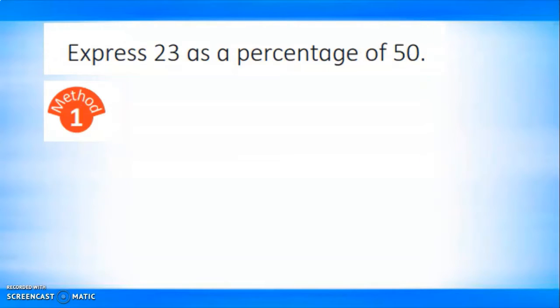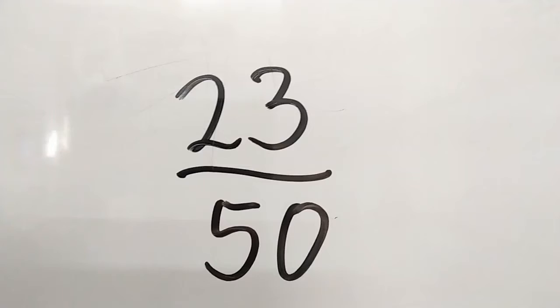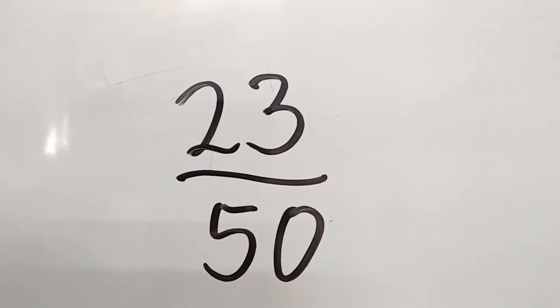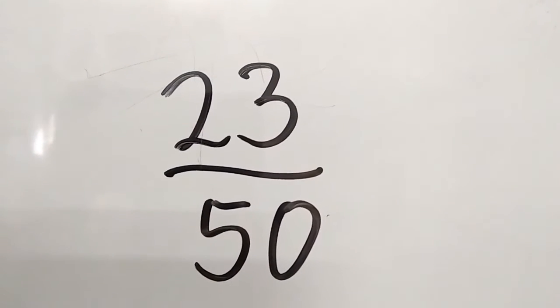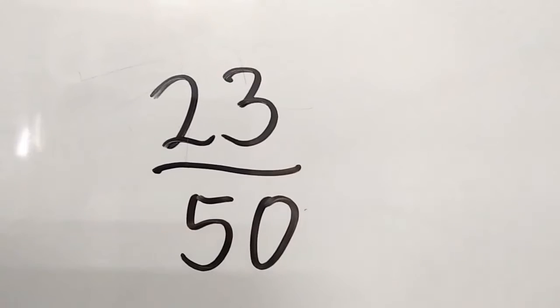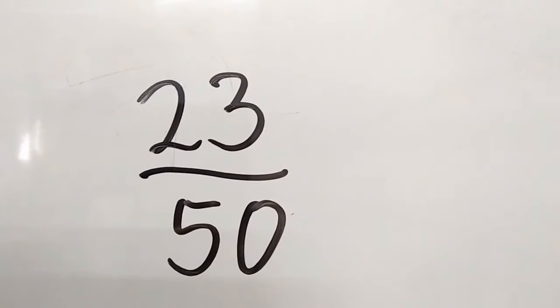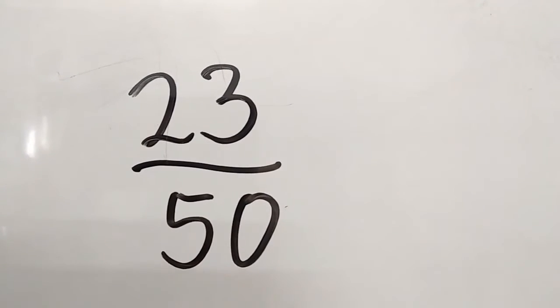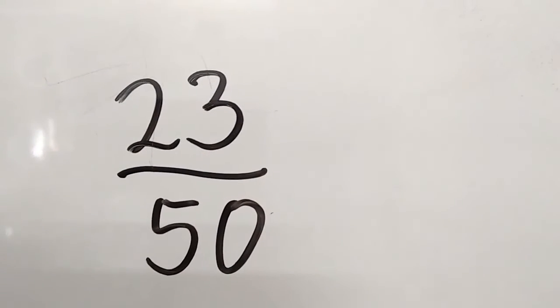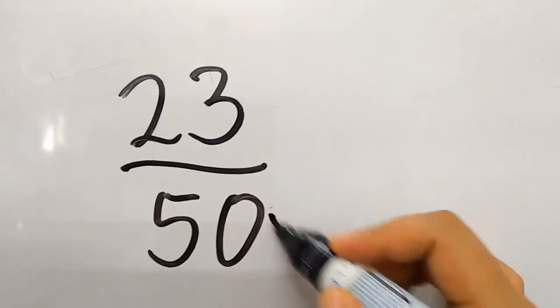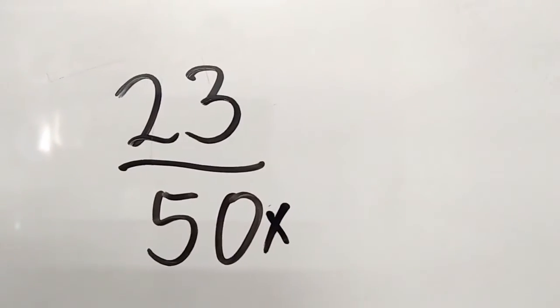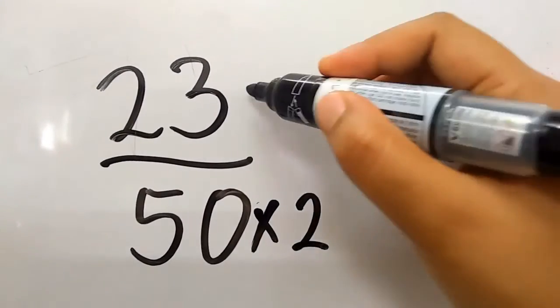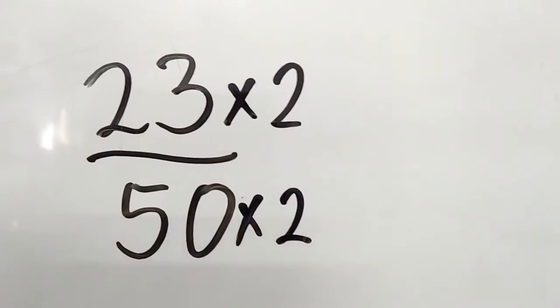Another example, express 23 as a percentage of 50. Let's use the first method. If we're going to write that into fraction, we have 23 over 50. So the denominator 50 we must make into 100. What are we going to do? Yes, this time we're going to multiply. Multiply by what number? 2, very good. So we multiply also 2 on the numerator.